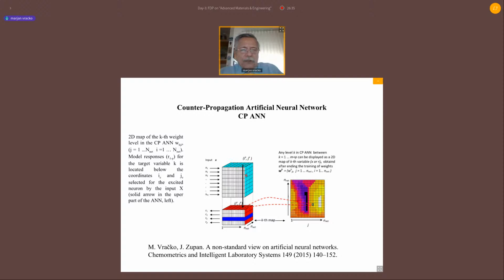We can analyze the roles of individual descriptors. We can make a graphical presentation of our distributions. Like here is the color distribution of some property. And so it's a very useful tool for analyzing multi-dimensional data.